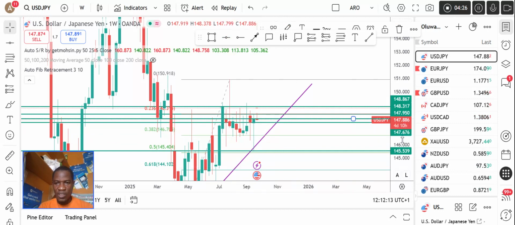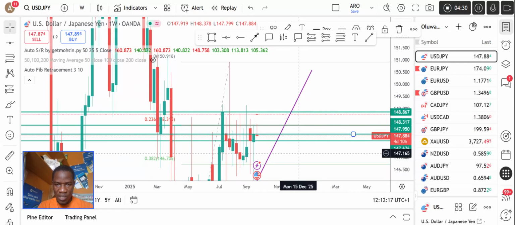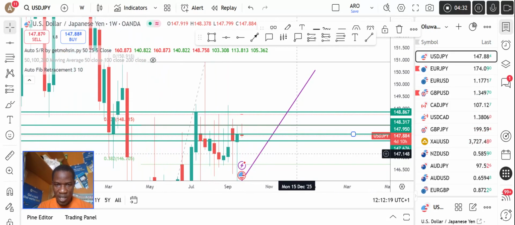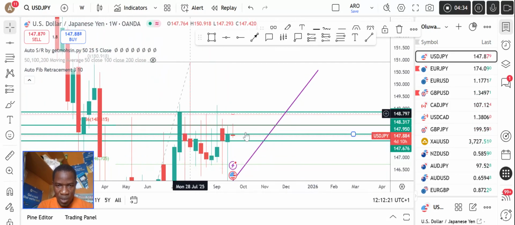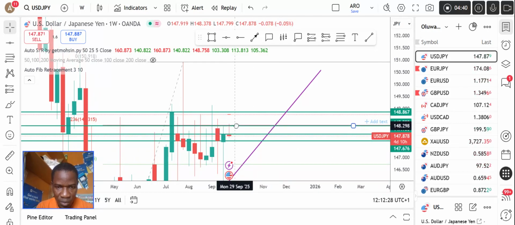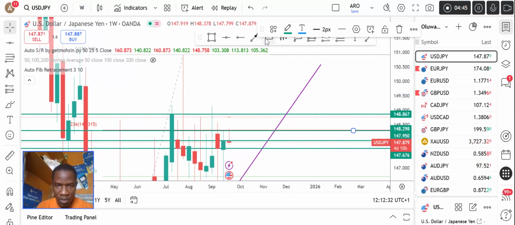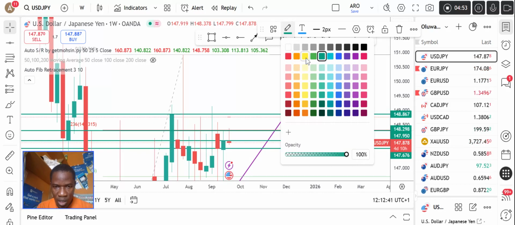I'm going to zoom my chart very well to see a clearer view. I'll change the color. Let me change to yellow.